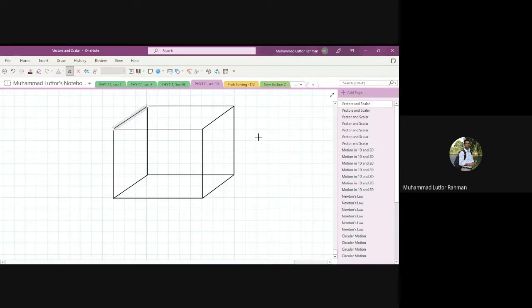Say it's a cube, and I draw two diagonals. It's called the face diagonal, one diagonal in that face.